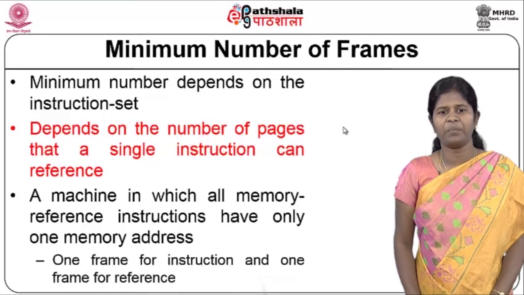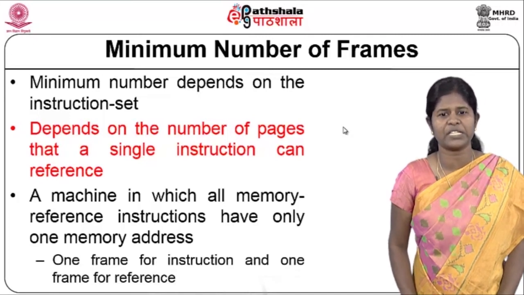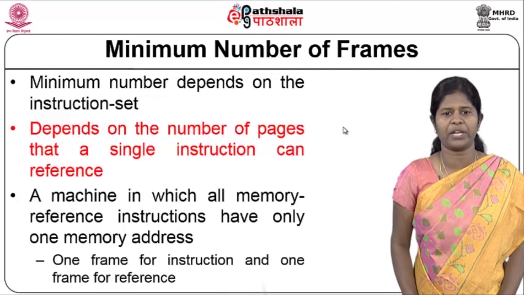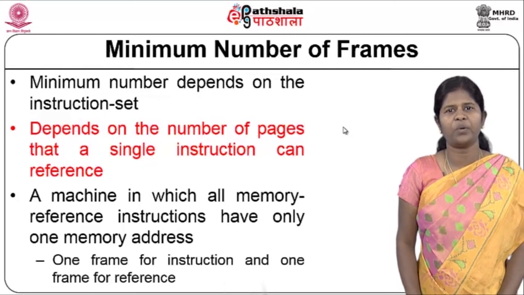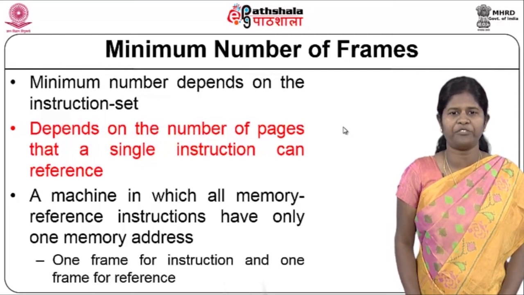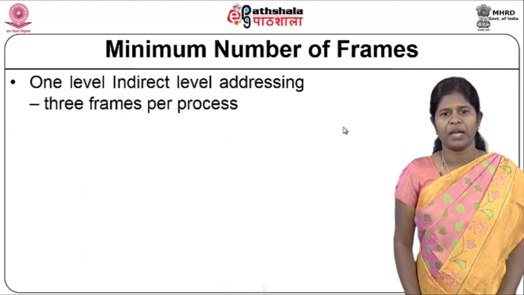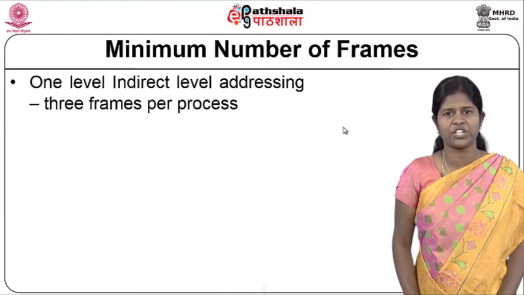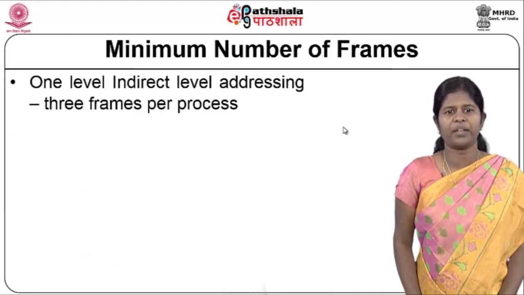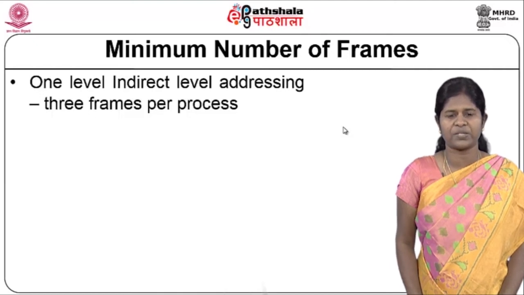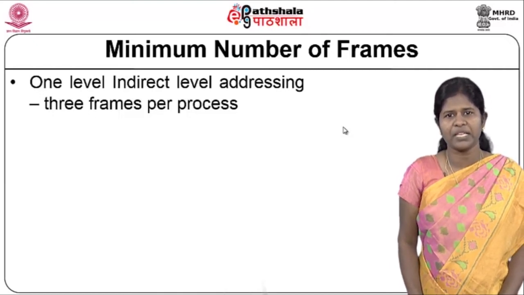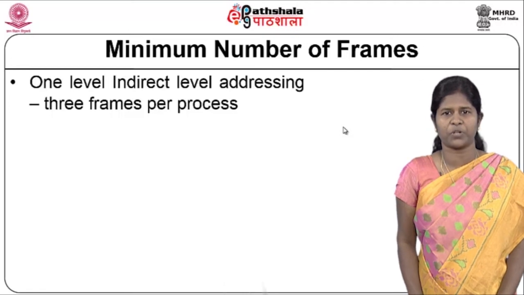Say you have a machine in which all memory reference instructions have only one memory address, then there will be a need for one frame for the instruction and one frame for the reference. And suppose you have instructions which need one level of indirect addressing, then in that case you will need 3 frames for each process.